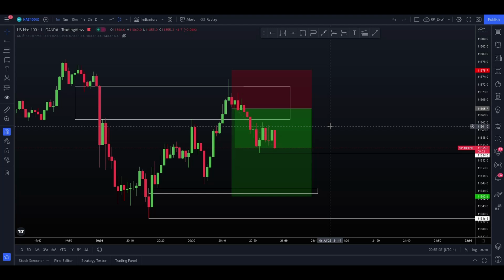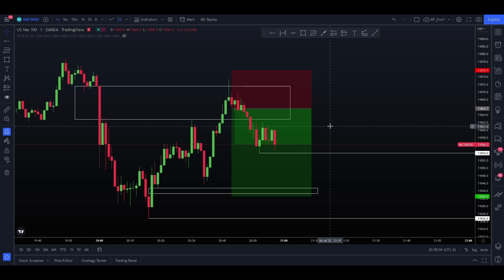So that's just another point: you don't want to stick around for too long during Asia. You want to get your setup and be done with it, because it might consolidate, might take longer to play out, especially if you're doing it closer to the end of 9 p.m., 9:30.